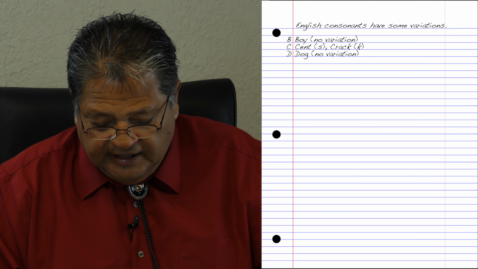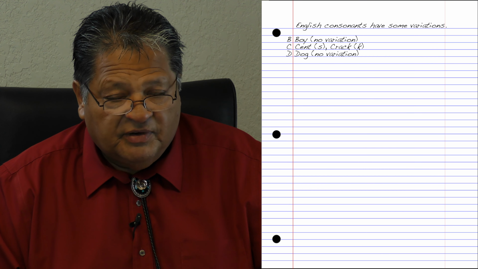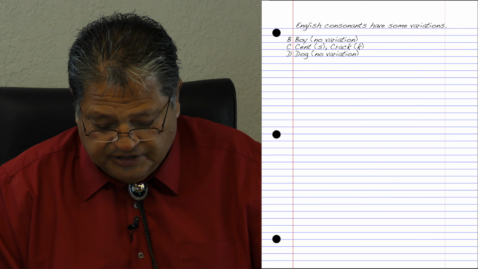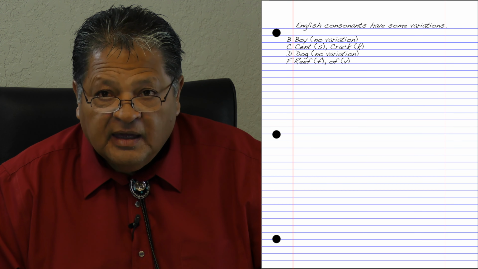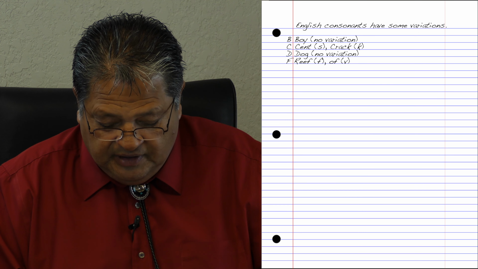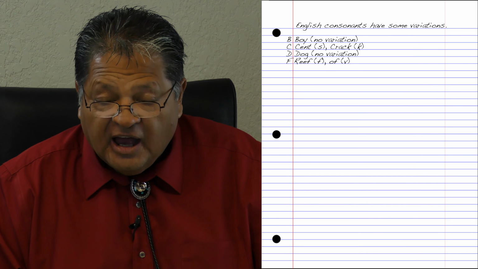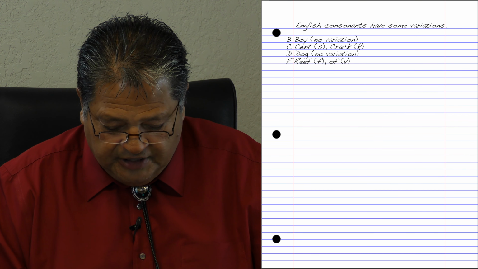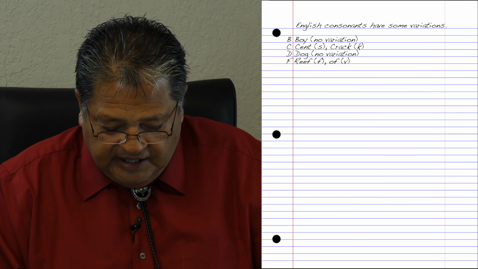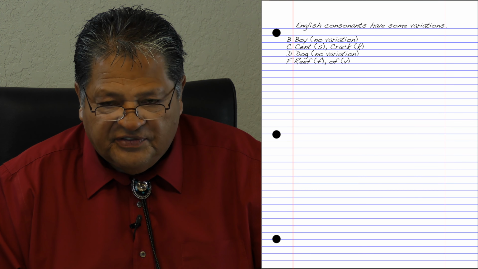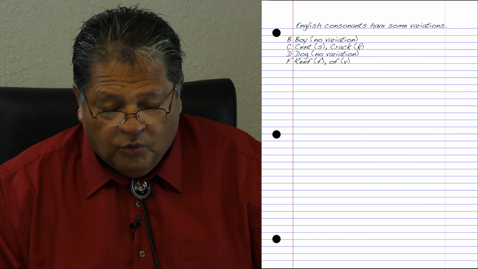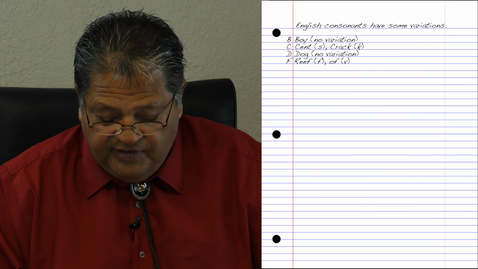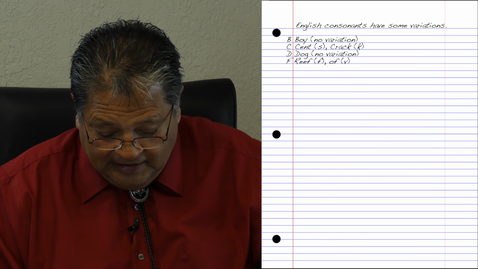The letter D has no variation. It always makes the D sound, such as in dog. The letter F has two different sounds. I call those soft and hard sounds. The word wreath has a soft F, or in the word of, it sounds like a V, but those are made from the letter F.